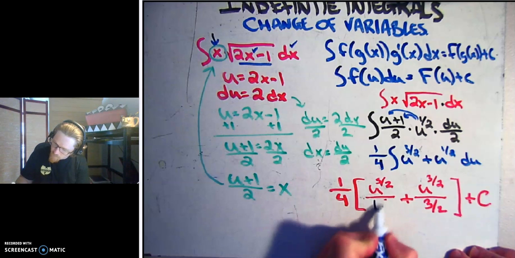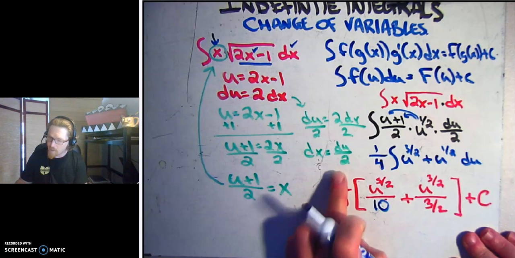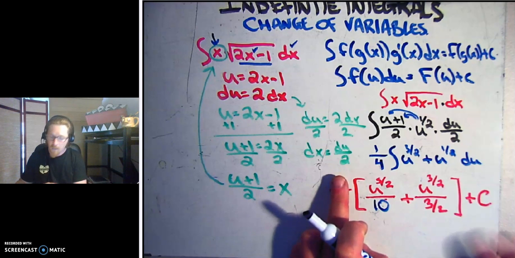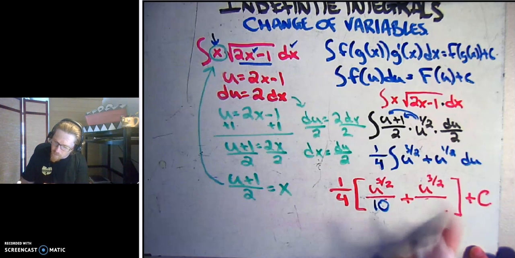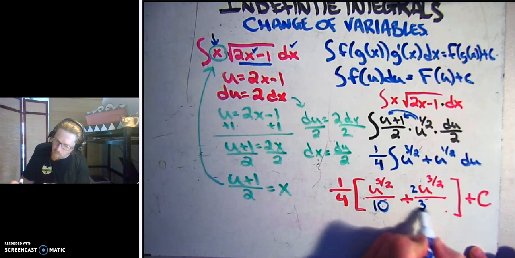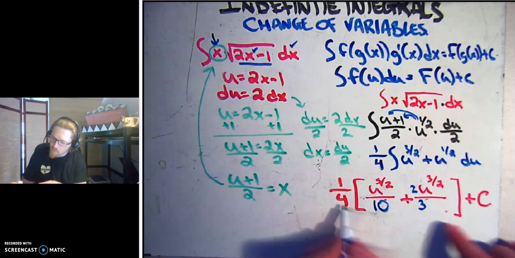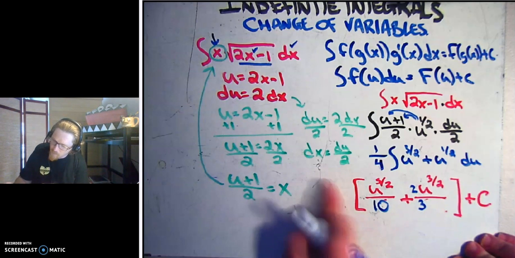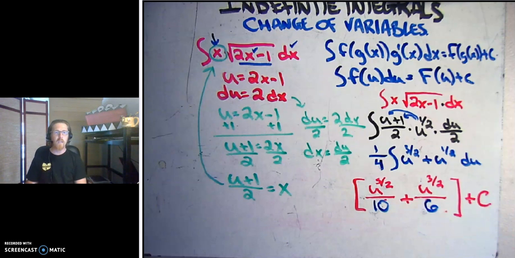And so this is going to be a 10 in my denominator, and I've applied this 1/4 to it. So this thing will happen here as well. The 3 over 2 in my denominator is actually going to become a 2/3. The 2 and the 4 are going to cancel, and then the 2 times the 3 is going to become a 6. So this simplifies that matter.